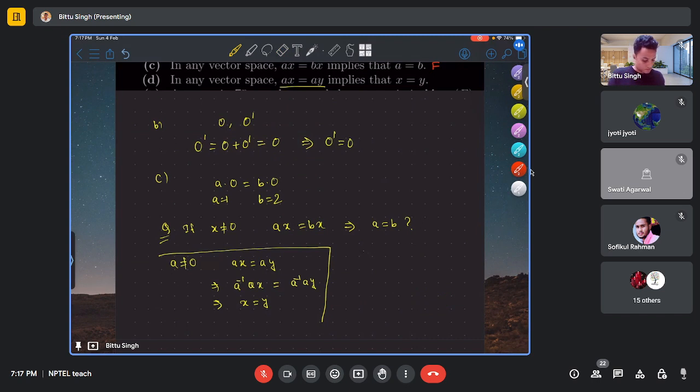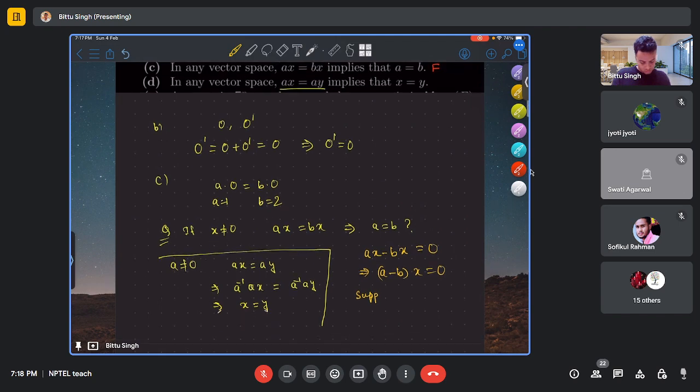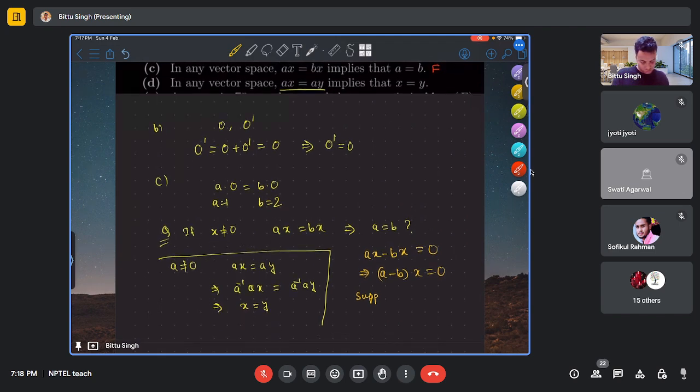So given Ax equal to Bx, then you can write Ax minus Bx equal to 0. Then it is same as A minus B into X equal to 0. Suppose A and B not equal. Yes, your argument will work for this also.